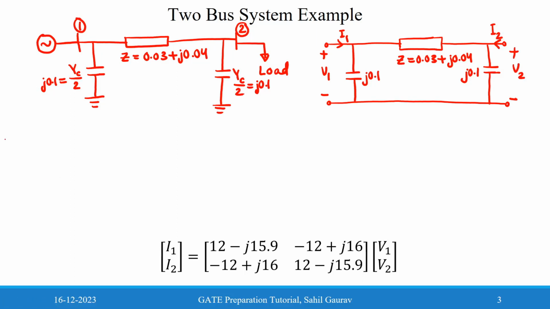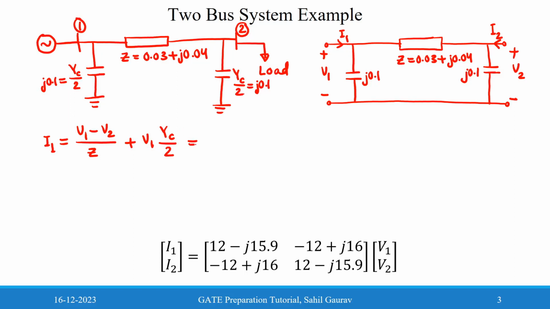First we are going to find this bus admittance matrix. So first we will write the KCL. From this figure we can write I1 is equal to (V1 minus V2) divided by the line impedance, plus V1 into YC divided by 2.